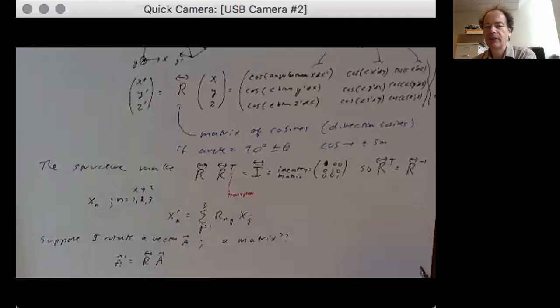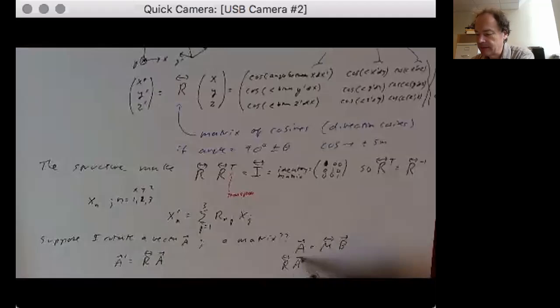If I have a matrix that corresponds to some object, I want to rotate it. How do I do that? Well, the easiest thing is to say I have equation A is equal to some matrix M times B. And so if I multiply this by R on both sides, R times A is equal to R times M times B. And this, of course, is A prime.